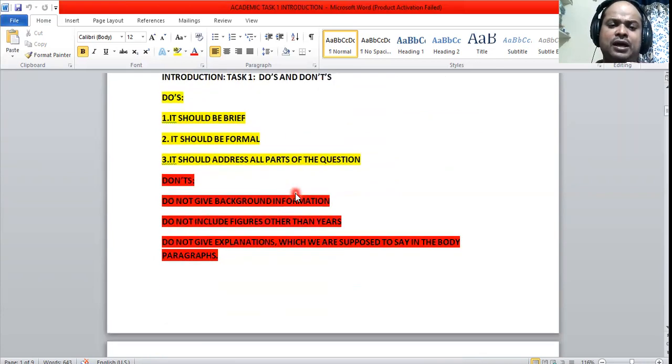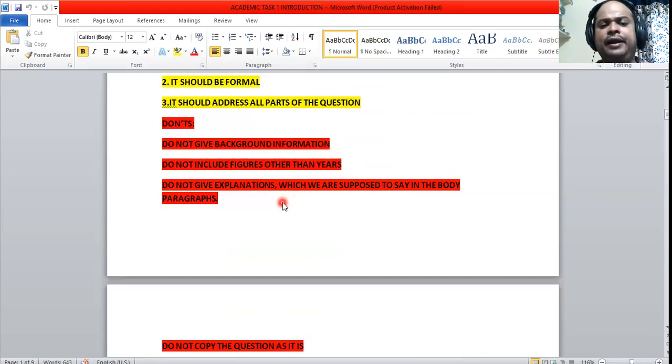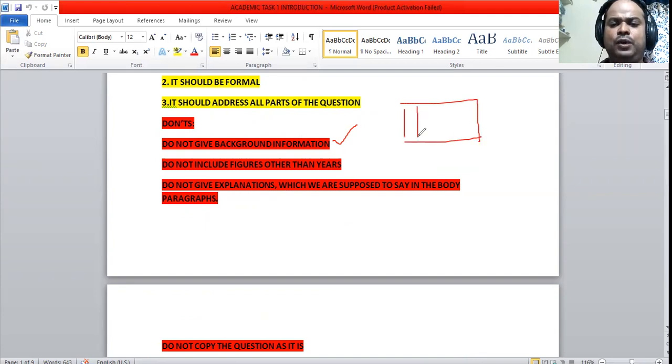When we go with the don'ts in the introduction, you should not give background information. What do I mean by background information? Suppose you are getting a picture or a table which includes the data of people visiting Tokyo per year.